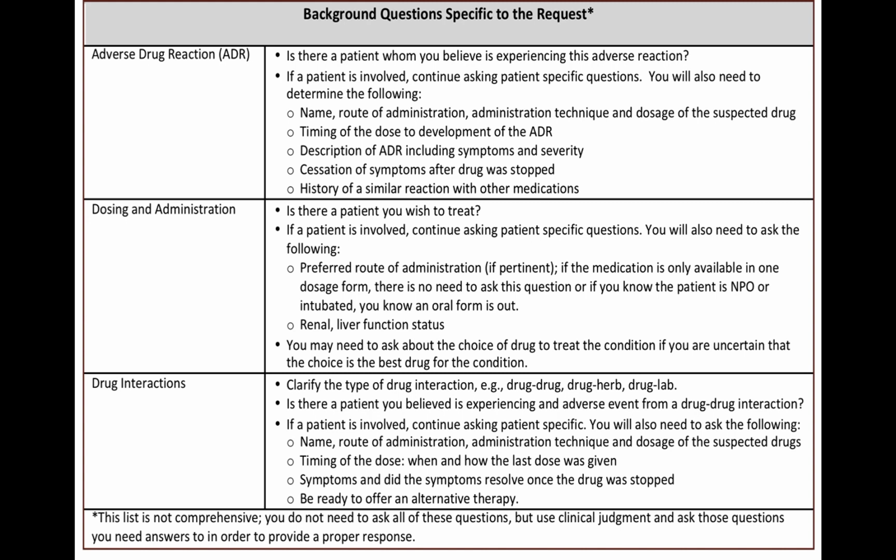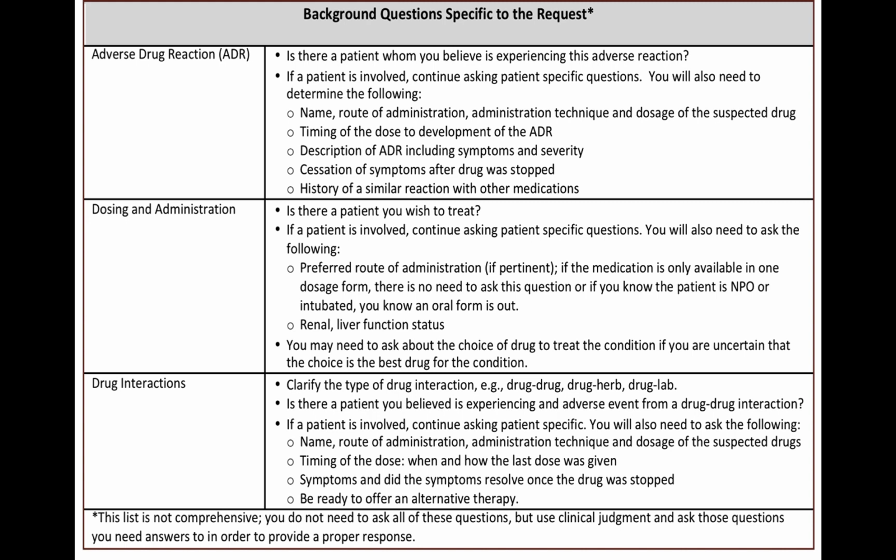You need to know if there was any cessation of the symptoms after the drug was stopped, and if the patient ever had a history of a similar reaction with other medications. Don't forget, if you do have an ADR question that you're answering, to go ahead and report it through your hospital or your institution's medication safety board and initiatives.